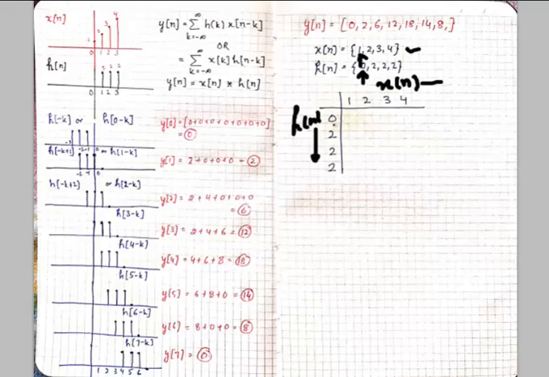Now what I do is I take the first value of h of n, and I multiply all of these with the first value of h of n and write the solution here. So 0 multiplied by 1 is 0, 0, 0 and 0.